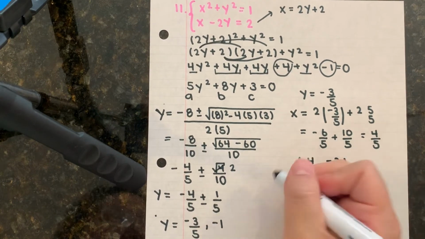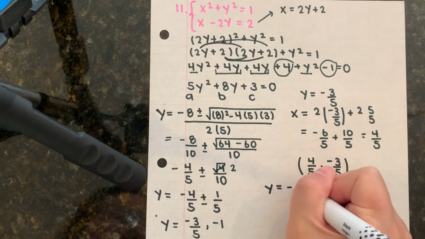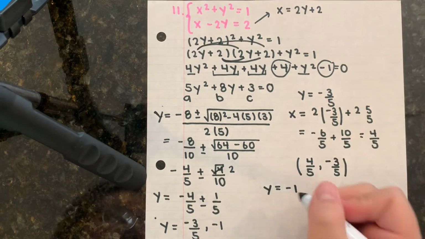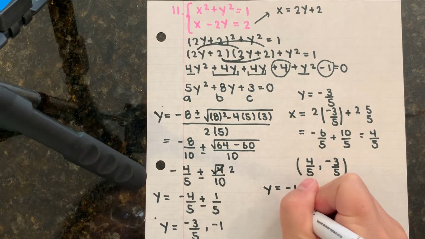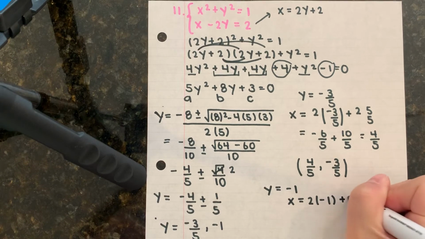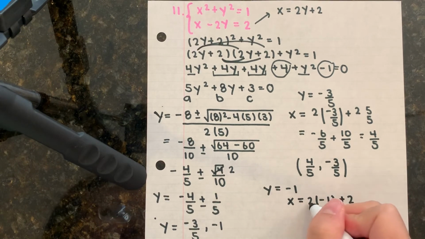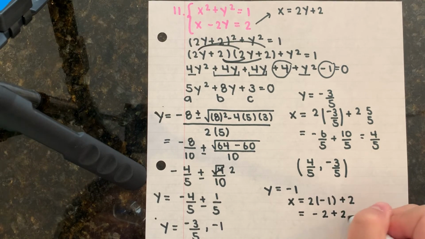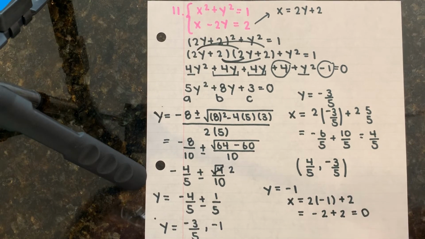Then I have to solve for when y is equal to negative 1. When y is equal to negative 1, I'm going to plug it into that equation again. So I get x is equal to 2 times negative 1 plus 2. When I do that, 2 times negative 1 is going to give me negative 2 plus 2, which will give me 0.